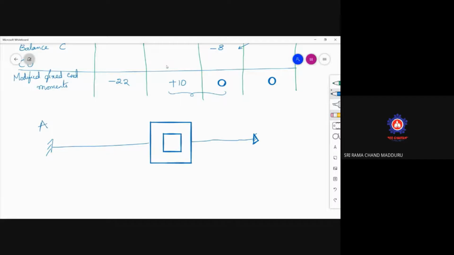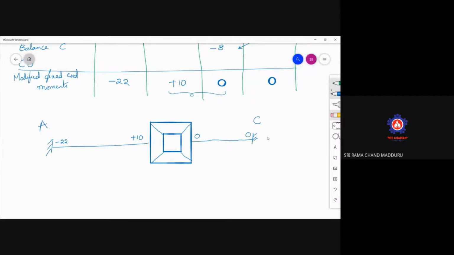This is A, and this is C. The fixed end moments are here, minus 22, plus 10, 0, 0.